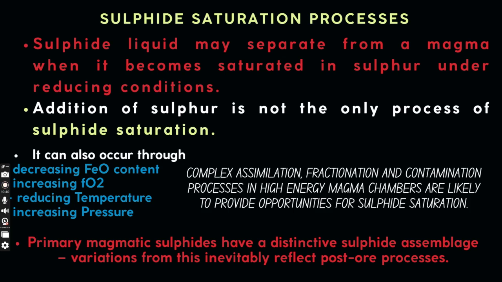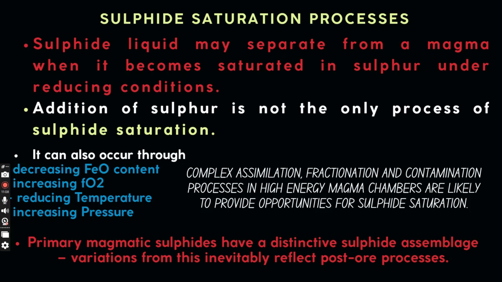So overall, the sulfide saturation process is very important, and the initial presence of nickel is in general always high because it is the fifth most common element. So the most important thing is to have sulfide liquid. This may separate from the magma.